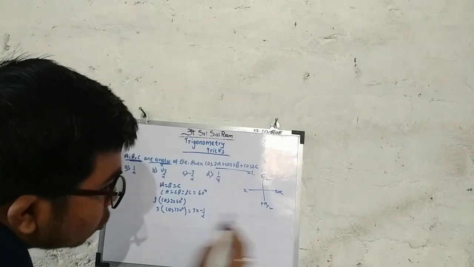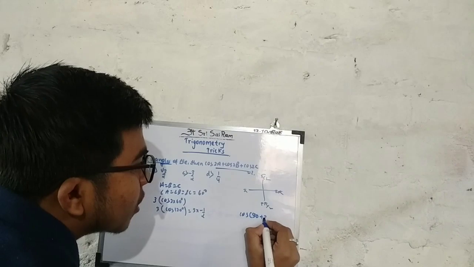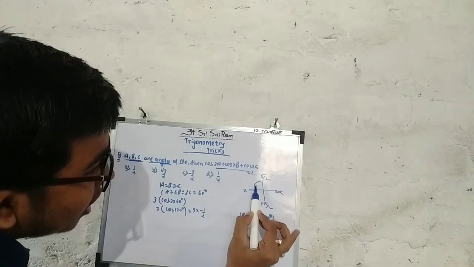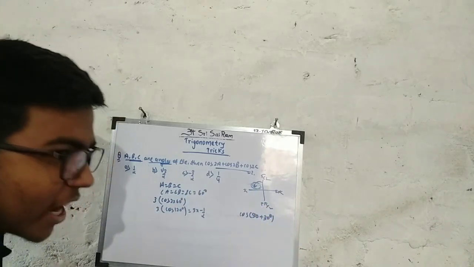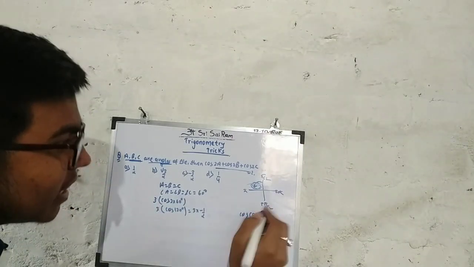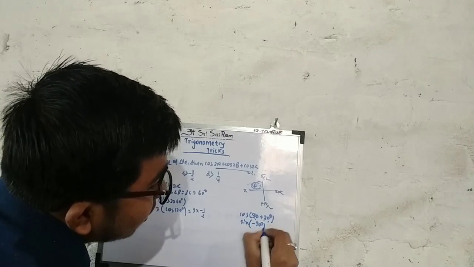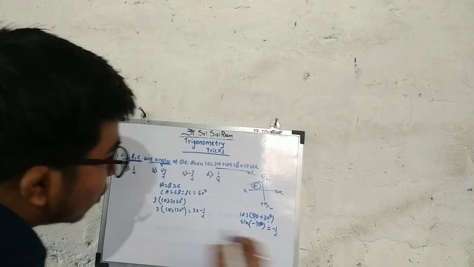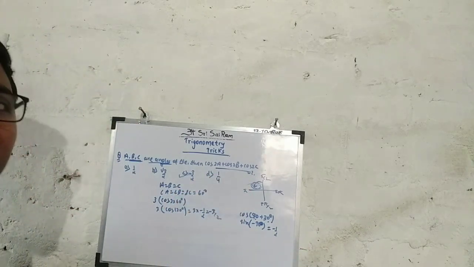Cos 120 means cos of 90 plus 30 degrees. Now 90 plus 30 degrees will come in this quadrant, and here we know that cos is negative, and cos 90 plus theta is minus sin theta, so we take sin 30 with a negative sign, so it's minus 1 by 2. So minus 1 by 2 times 3 will come as minus 3 by 2. So this is the answer.